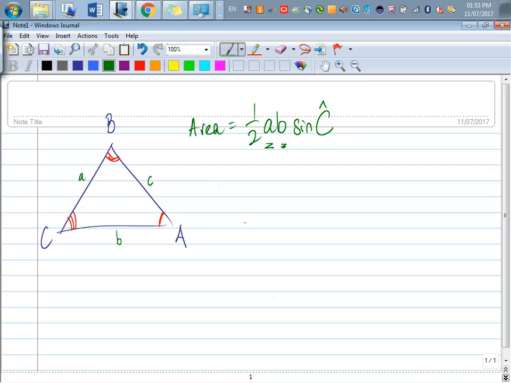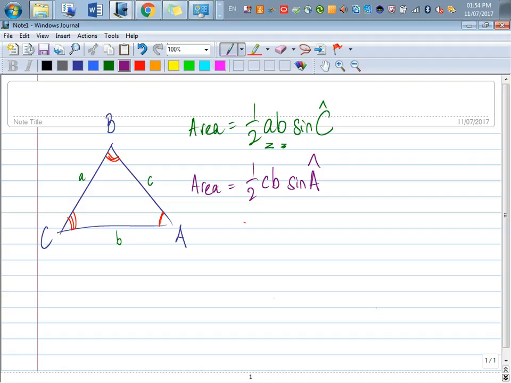Who can propose another formula for the area of this triangle, besides half times base times side? Okay, wait, hang on. Fina is saying that we can use area equals to half small c or big C? Small c, small b, sine A. Okay, excellent.